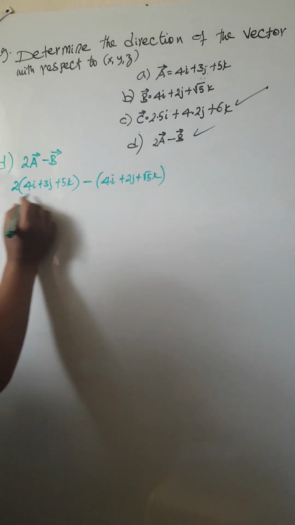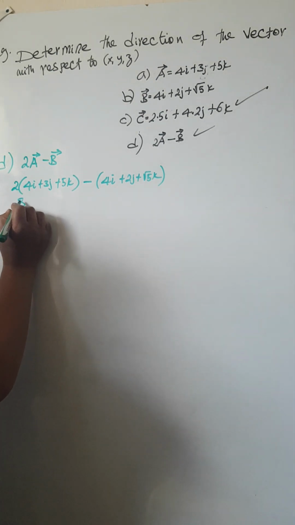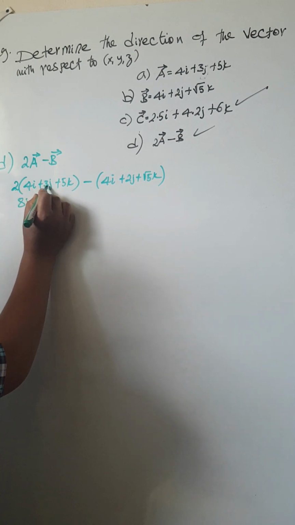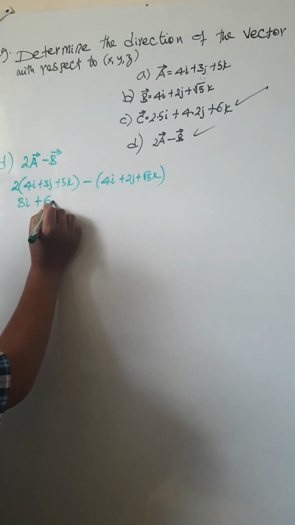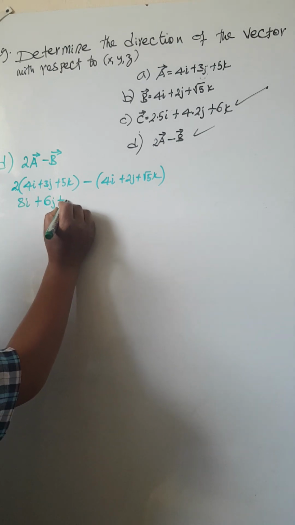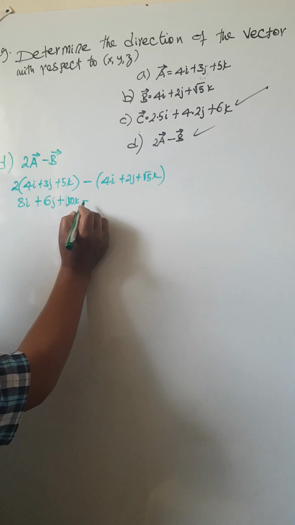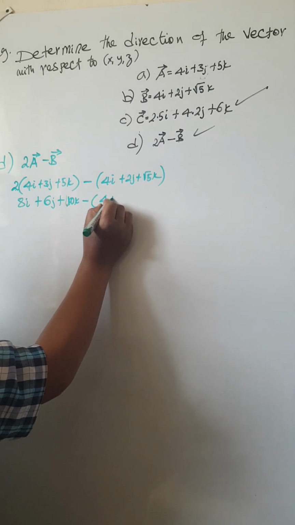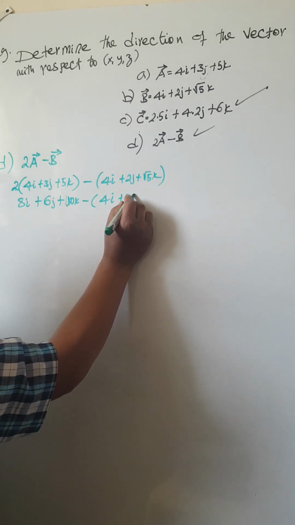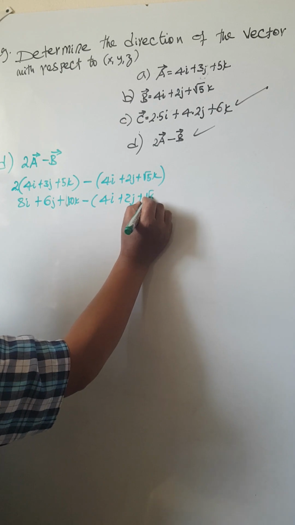So the product here is 2 times 4 is 8 along i, plus 2 times 3 is 6 along j, plus 2 times 5 is 10 along k, minus 4 along i plus 2 along j plus root 5 along k.